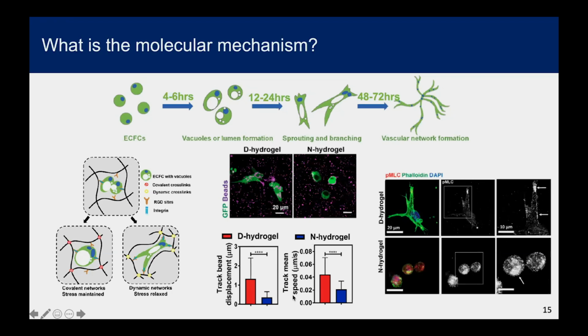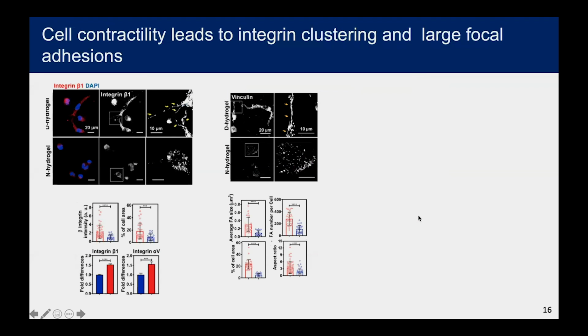And when we stained for a contractile marker, the phosphorylated MLC, myosin light chain, we could see that the cells in the dynamic hydrogel are contractile. We also noticed that this contractility is leading to integrin clustering, and you can see that with clustering of integrin beta 1 in the dynamic and not in the non-dynamic.